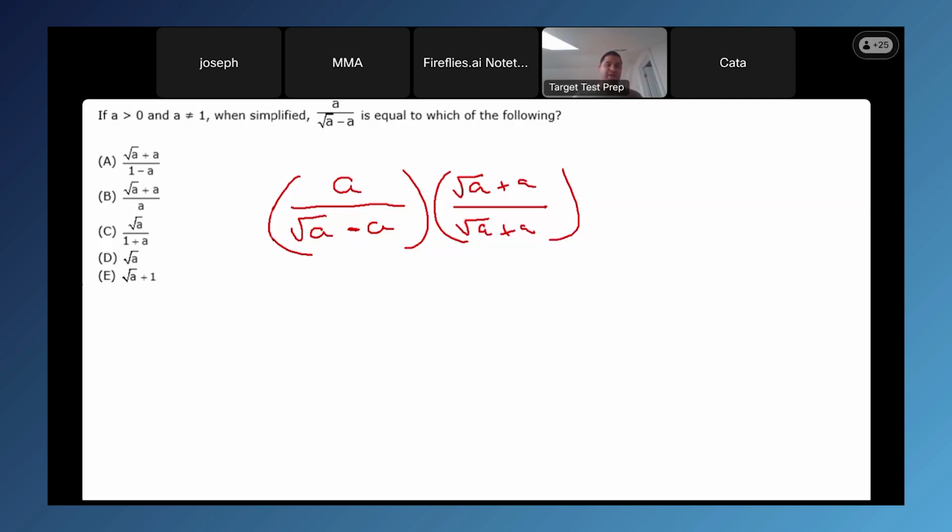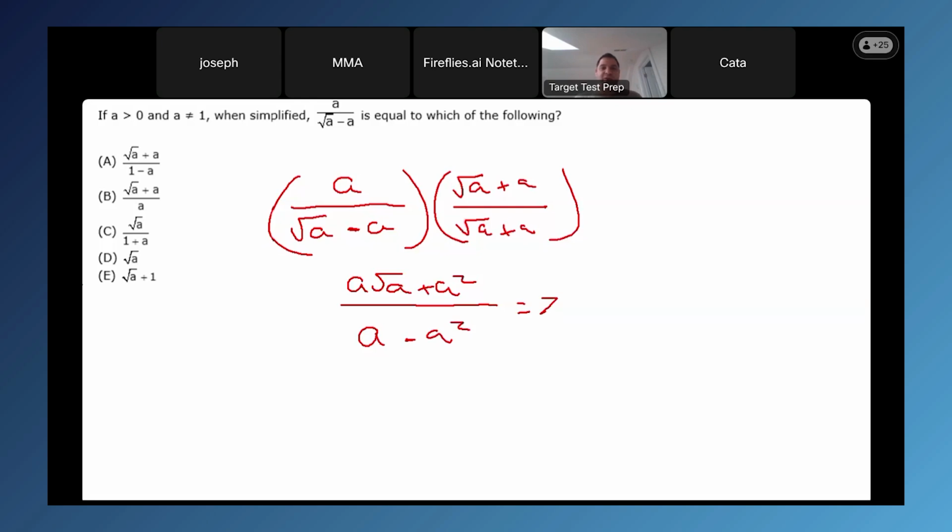Now remember, when rationalizing, what's happening is we have the difference of squares in the denominator, which makes life pretty easy. So you're just going to do root A squared, which is A minus A squared. And then in the numerator, you have A root A, and then you have plus A squared.